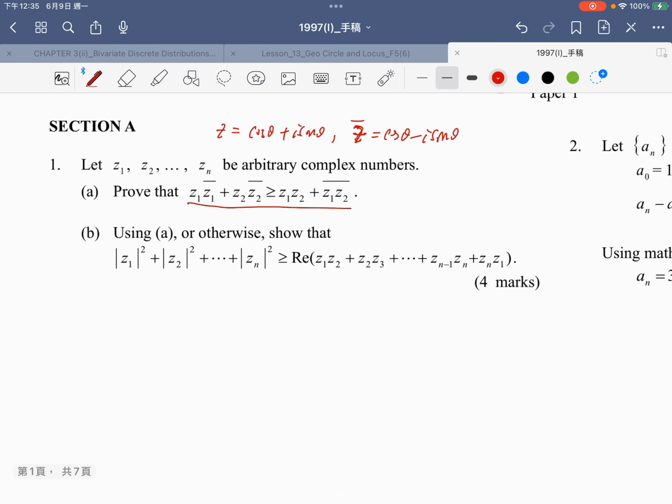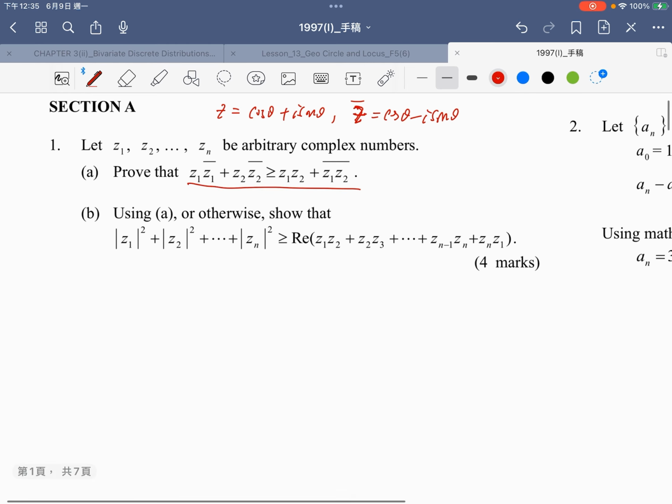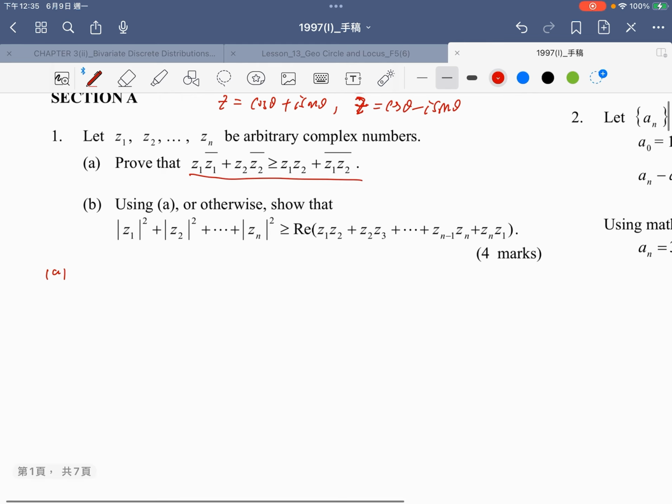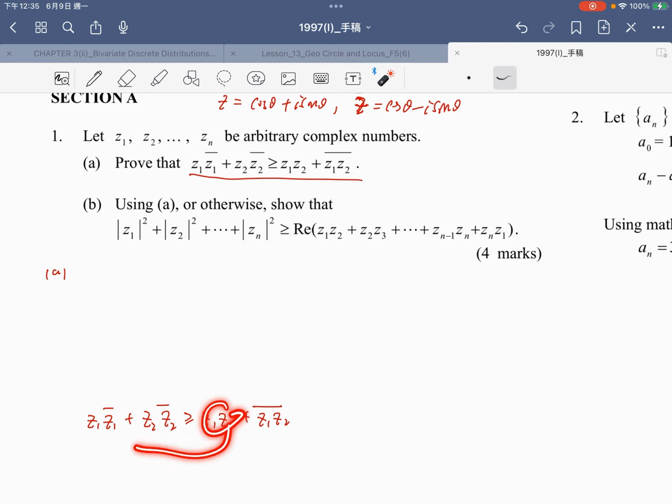For this one, I try to prove it by using the converse, from the result back to the beginning. Therefore, first I write down the sentence here, and then move this one to this one and this to this direction.